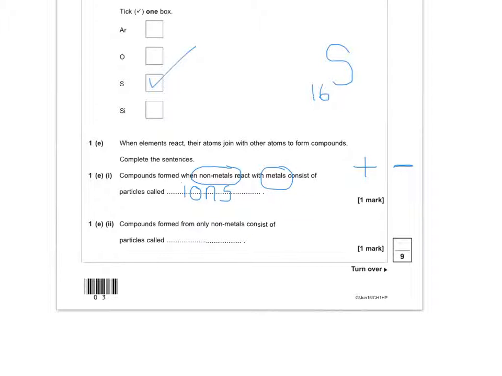And then what you've got there is the electrostatic force of attraction holding them in place. Okay, and the way that that loses an electron is that it gives it to the non-metal. So compounds formed when non-metals react with metals consist of particles called ions, because this is an example of ionic bonding.